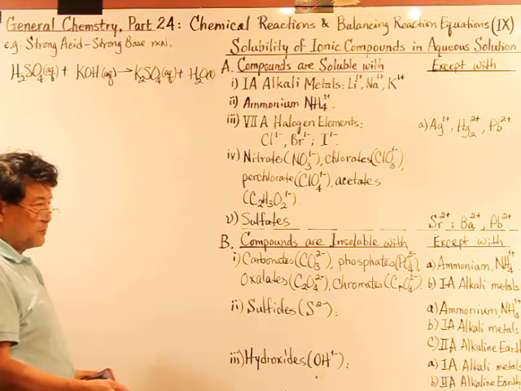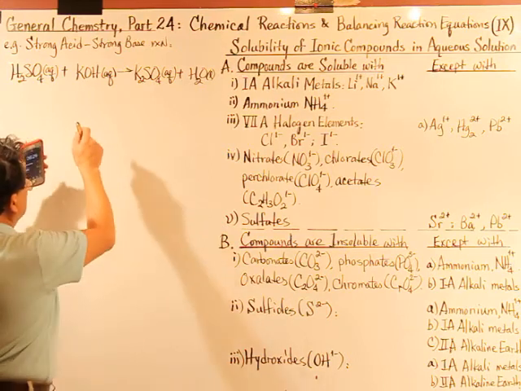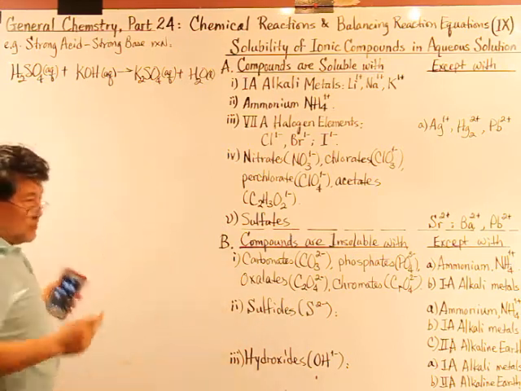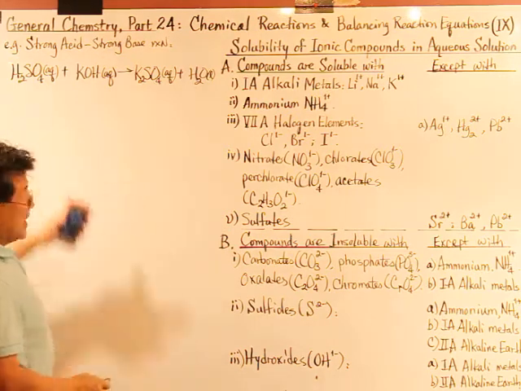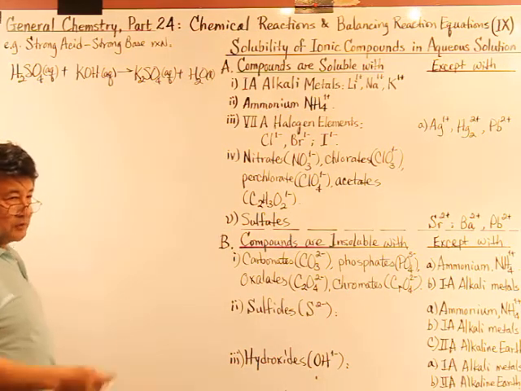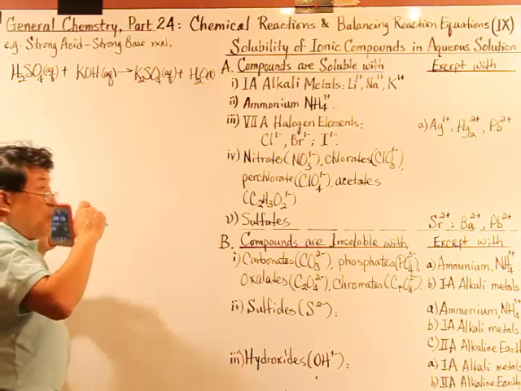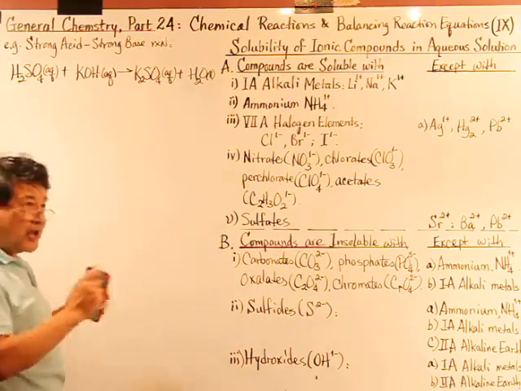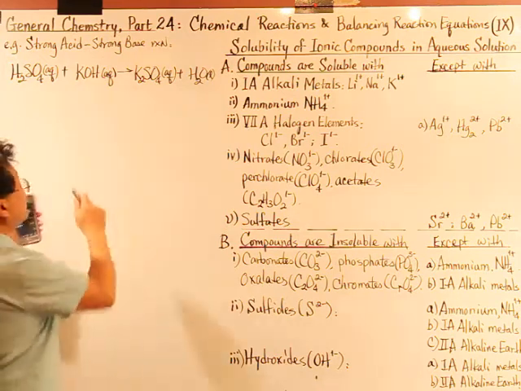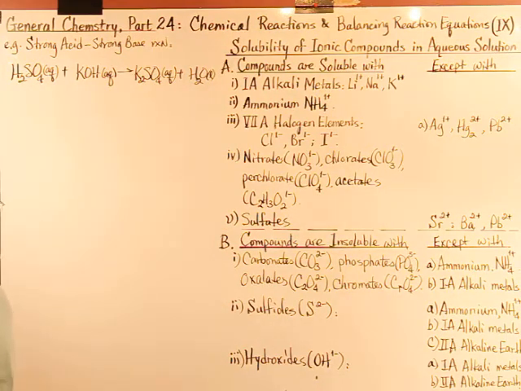That's the difference here. So in the presence of the strong base, both hydrogen atoms from the sulfuric acid will be 100% completely dissociated and reacted with the potassium hydroxide.